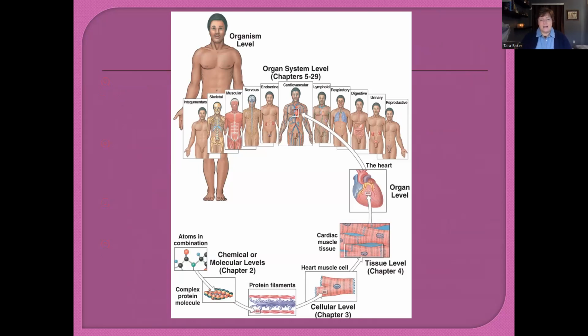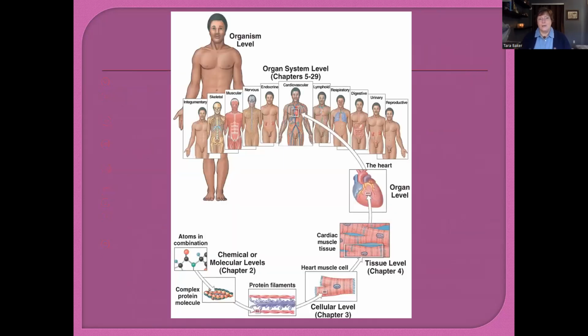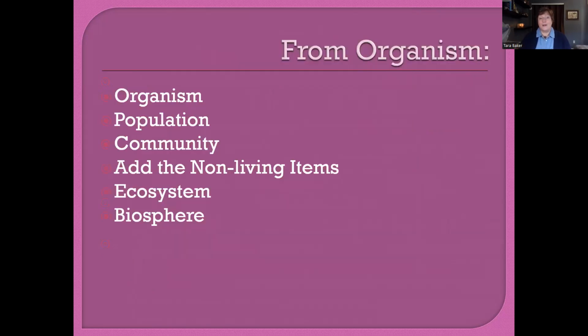Then from organ systems, which is here, we put all the organ systems together to make an organism, which is the human body, which is the person. When you have multiple people together, we're studying populations. When we put multiple populations together, we're studying communities.